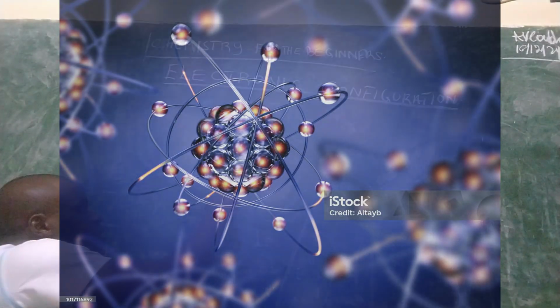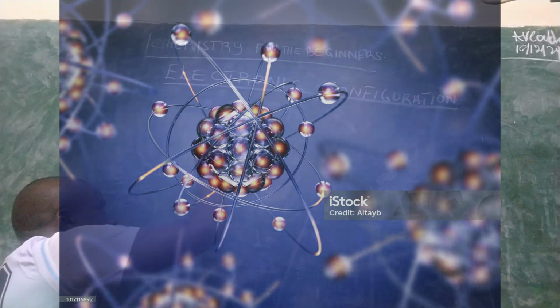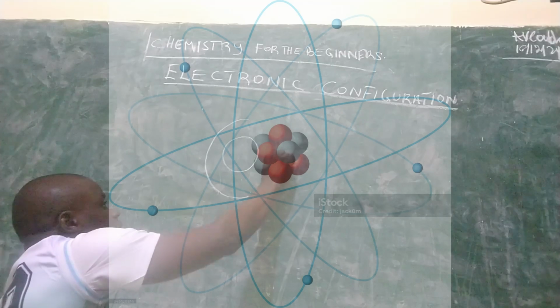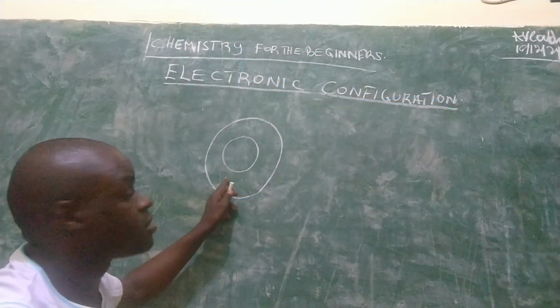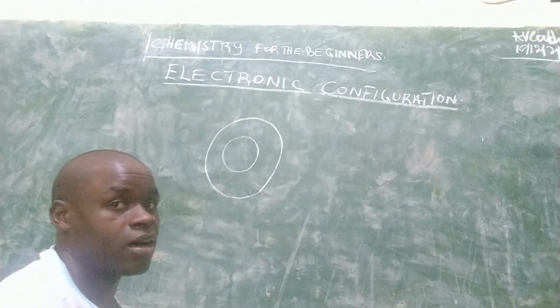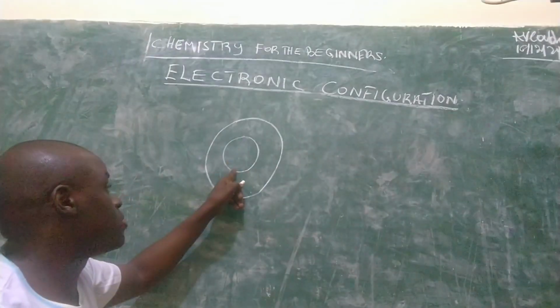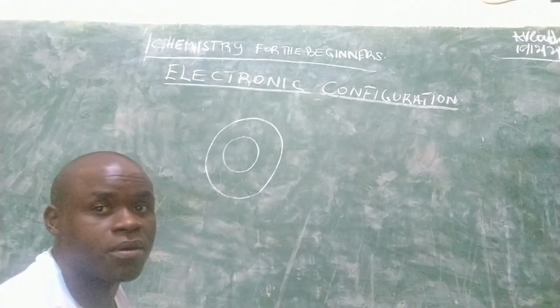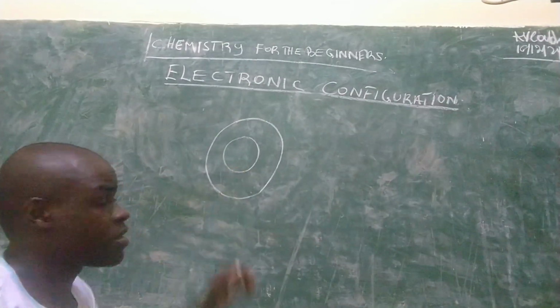So if we say this is the first shell, there are rules for filling these shells. Let me say that this is the first shell, this is the second shell. When we were studying the atom, we made the same diagram where this one stood for the nucleus. Today it is not the nucleus, but the first shell.